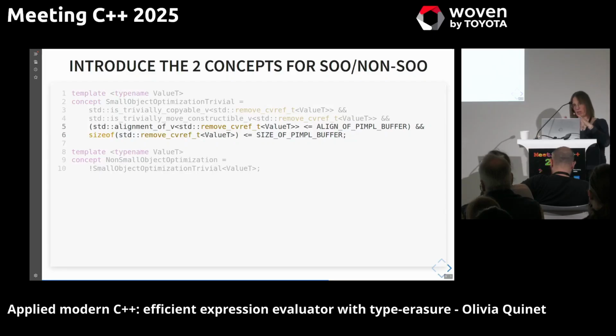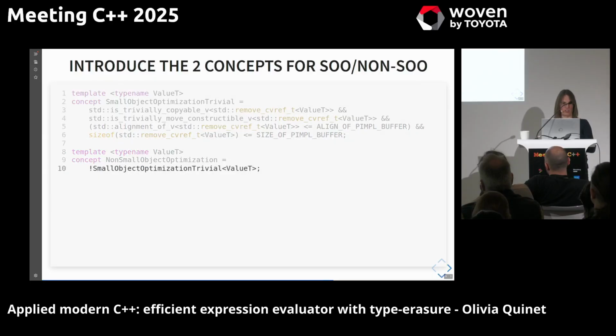So we must have at least the same alignment or less, and it must fit inside the buffer. And for the non-SSO, it's just the opposite of the previous one.